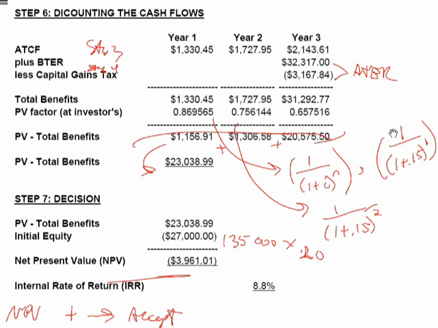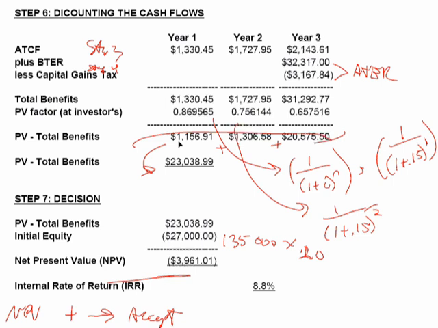So for year 1, it's 1 divided by 1 plus 0.15, or 1.15, to the first power. And that equals 0.869565. So what this is telling me, at a 15% discount rate, this investor would be indifferent between 86 or 87 cents today and $1 1 year from now. That's how you can interpret that discount rate.